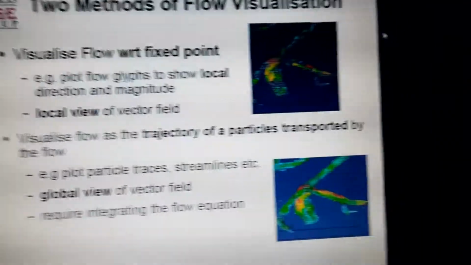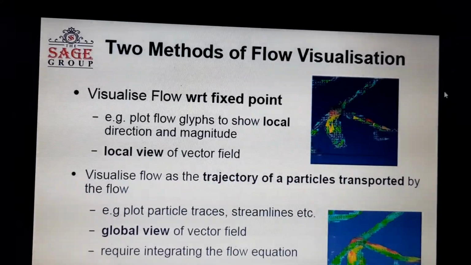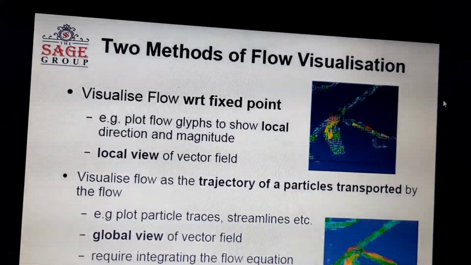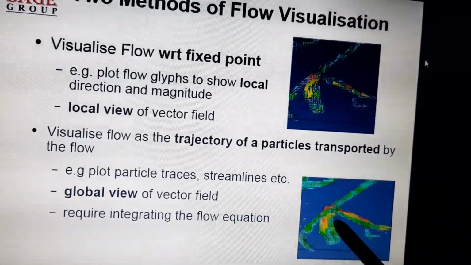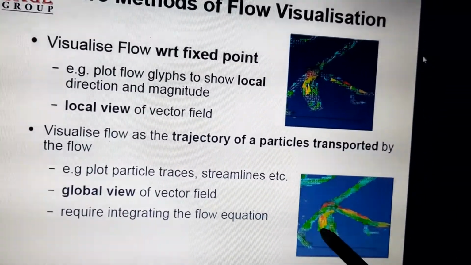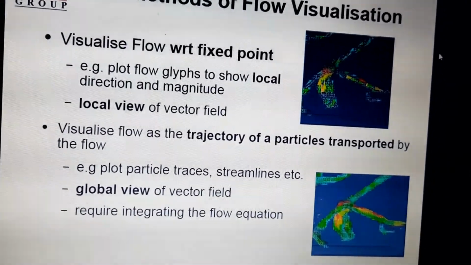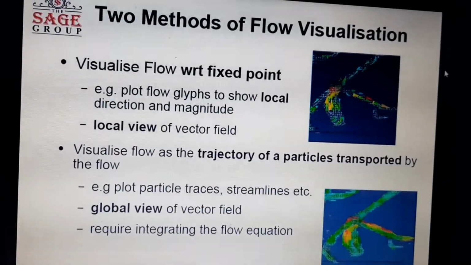Okay, so in the first method we want to visualize the flow with respect to a single fixed point, but in the second we are visualizing the flow with respect to the trajectory of particles, not a single point. Okay, for example, plot particle traces, streamlines, etc.